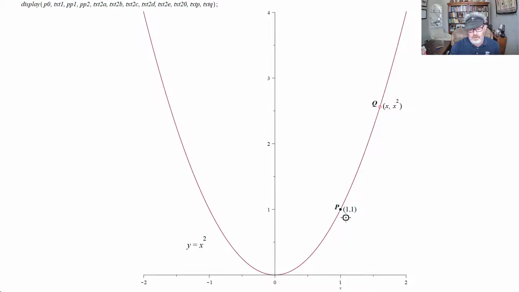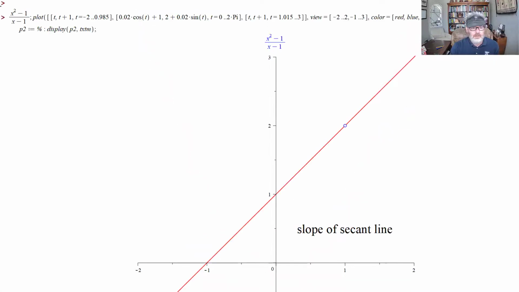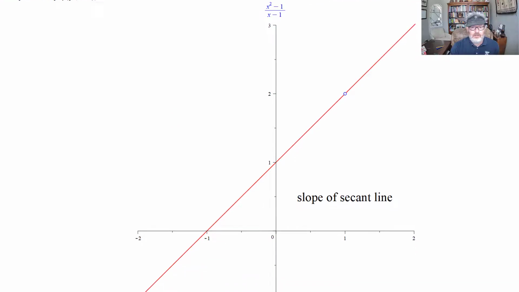But I fix this point 1, 1 on the curve. And then for Q, it can be anywhere else, but once the x value is known to be on the curve, the y value has to be the x value squared. So it's the point x, x squared. And x squared minus 1 divided by x minus 1 looks like this.